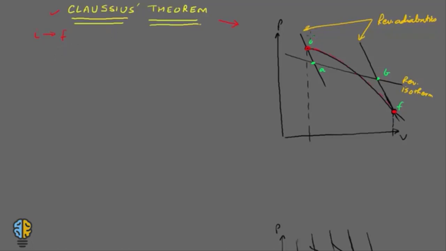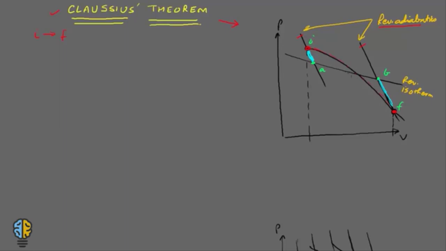These lines indicate a reversible adiabatic line, and a reversible adiabatic IA, this line, is drawn through I, and another reversible adiabatic BF, the other adiabatic, is drawn through F.